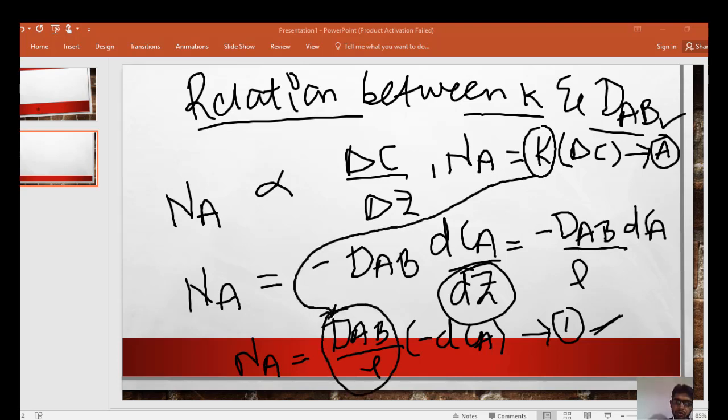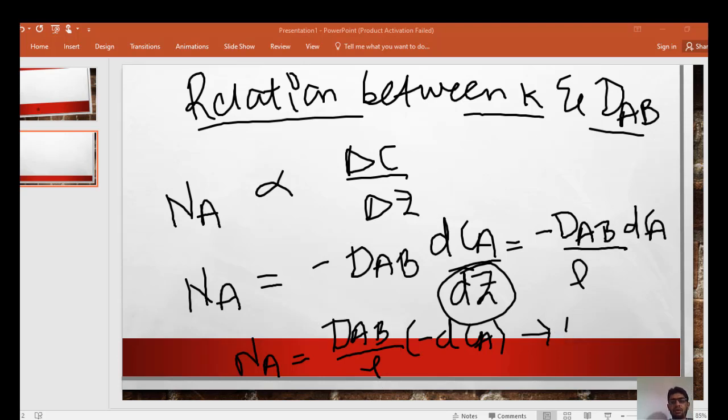If we compare the two equations, so this is the NA, this is the NA, this is change in concentration, this is change in concentration. So K will be equal to DAB divided by L, and K is nothing but the mass transfer coefficient.